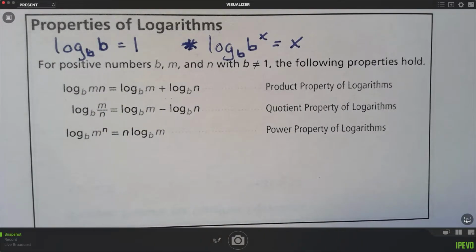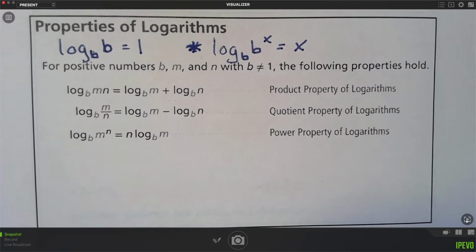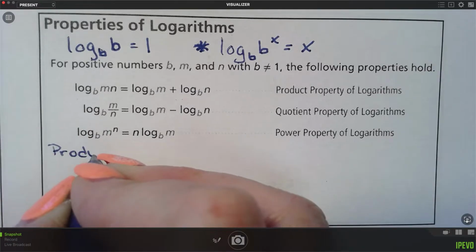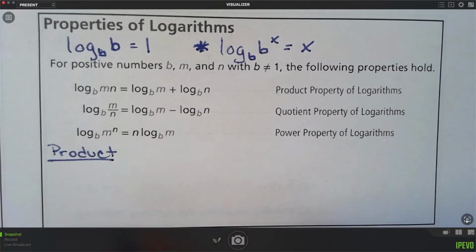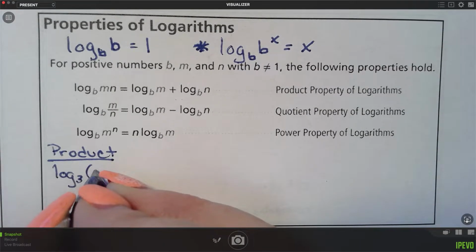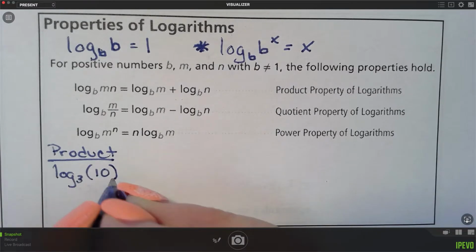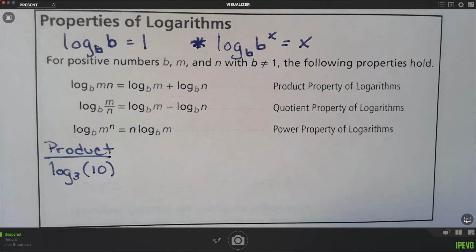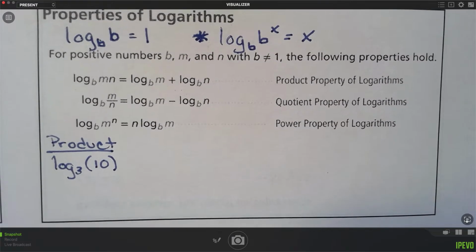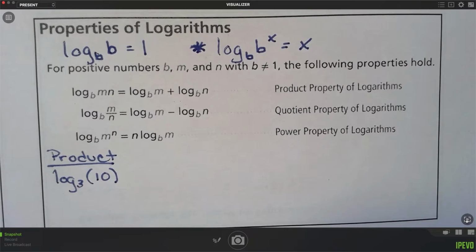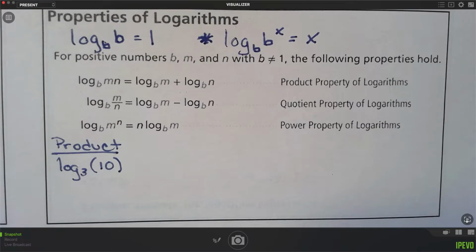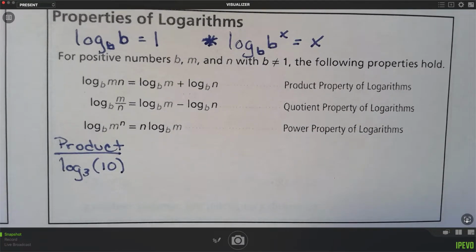Okay, so an example of the product rule would be log base 3 of 10. So is 10 a prime number? No. What's a prime number? 1 and itself.